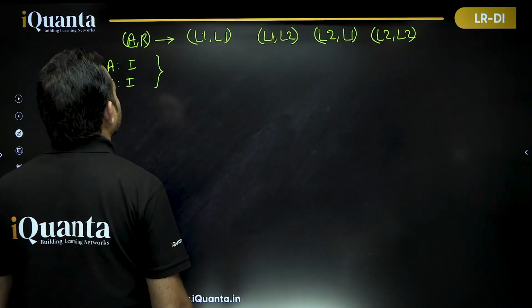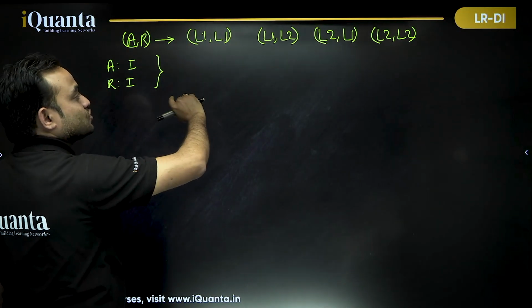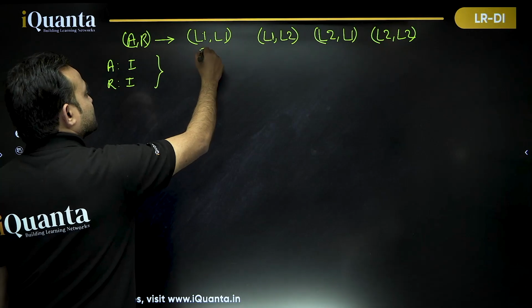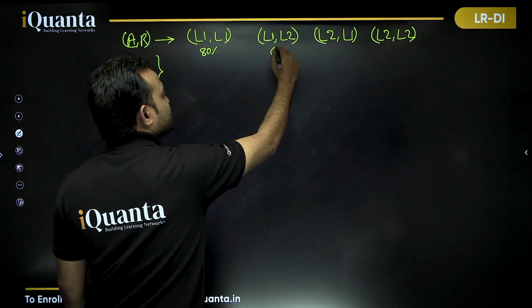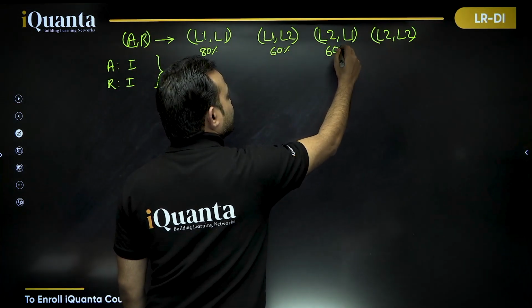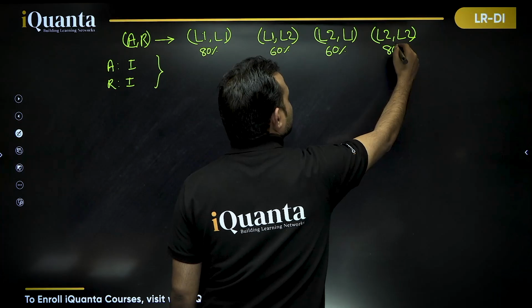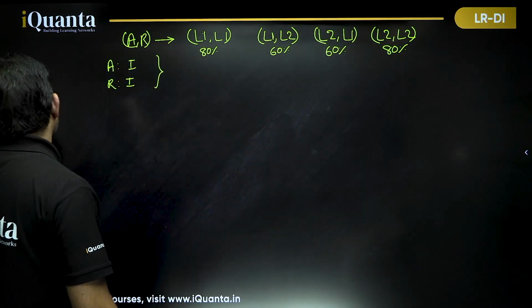The total number of votes in this case will be 1 plus 1, 2 into 20, 40%. In this case, 1 plus 2, 60% of students will vote. 2 plus 1, 3 into 20, 60% of students will vote. And in this case, 2 plus 2, 4 into 20, 80% of students will vote.